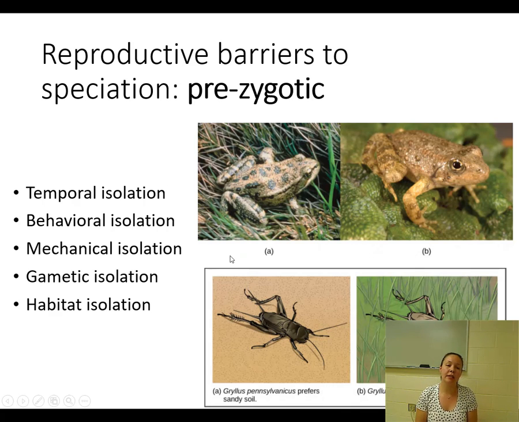Behavioral isolation is essentially how it's defined by behavior, is that the female in a species, she prefers the behavior of a male of her own species versus a different species. This is actually something that I looked at when I was in undergrad, and I looked at fruit flies.